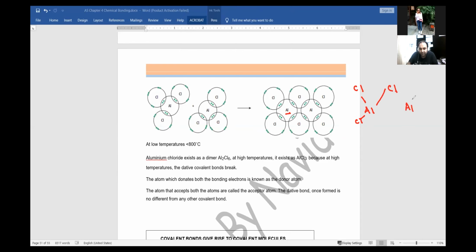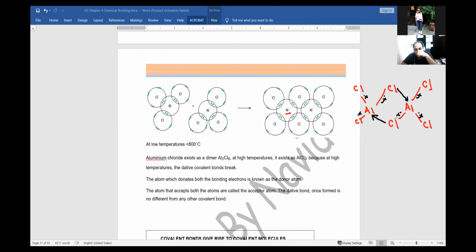So this aluminium has how many electrons around it? 2, 4, 6. How many does it need? 2 more. So who's donating it? This chlorine is donating it. Again, this aluminium has how many? 2, 4, 6. So who's donating it? This one is donating it.